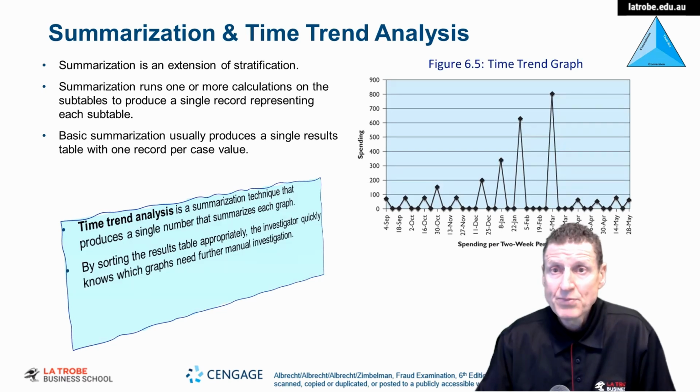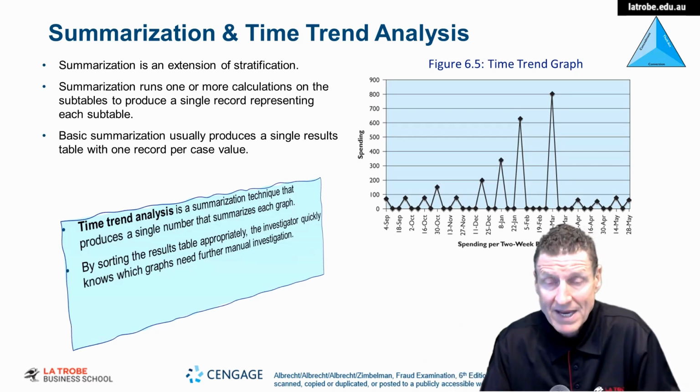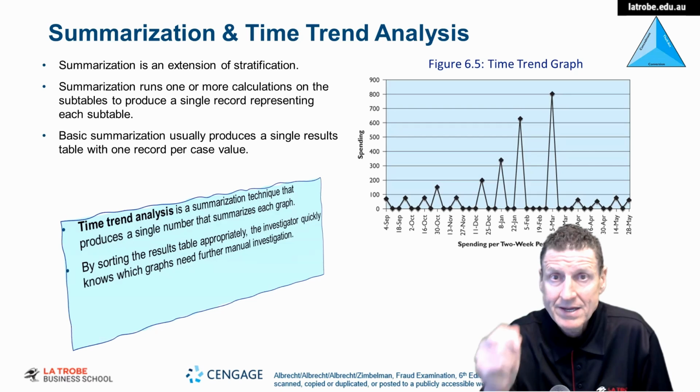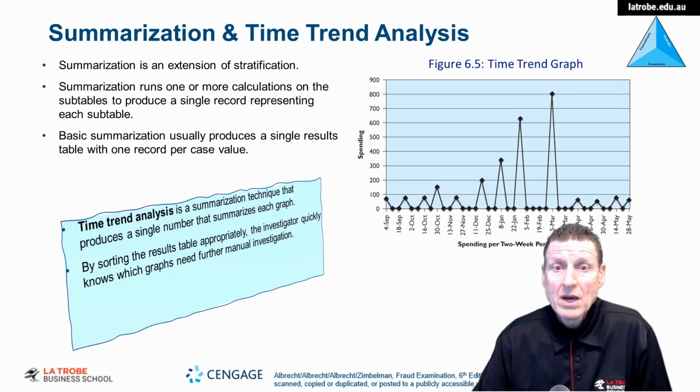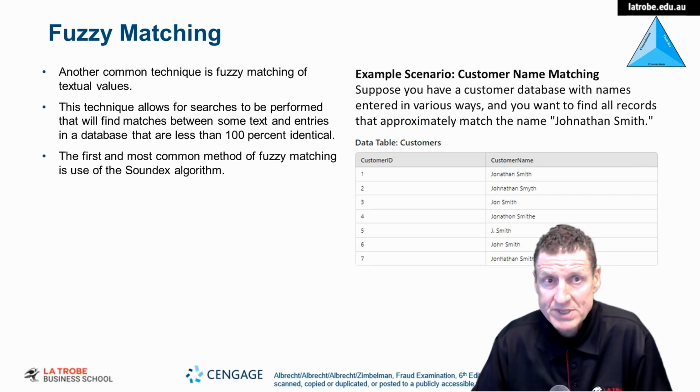And you see, let's pull out the instances of transactions that were written around the 22nd of January to the 5th of March. And then that enables us to pinpoint areas that we can dive deeper into to look for that needle in the haystack. Wow. Okay. That is what we mean by summarization and time trend analysis.